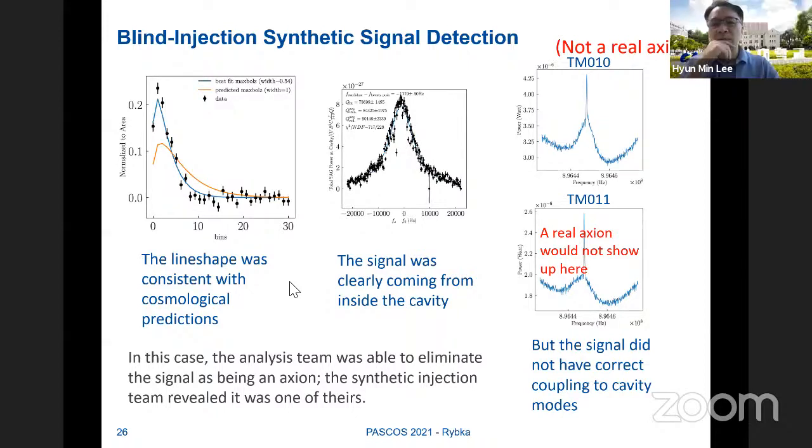Variable velocity of like 200 kilometers a second, and so the line width is kind of a part in 10 to the 6. Okay, I see. And that's just that comes from dark matter kind of going around at a part in 10 to the 3 of the speed of light.